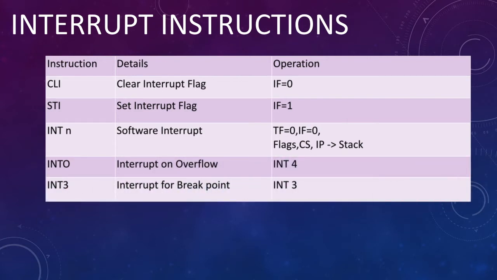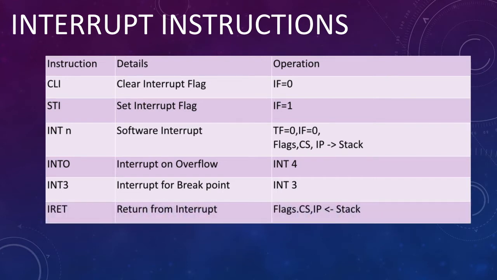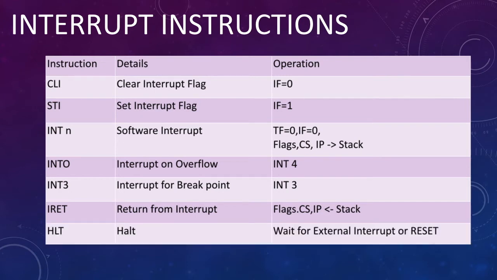INTO, interrupt on overflow. INT3, interrupt for breakpoint. It has already been discussed. IRET, it is the return from the interrupt, and when we return back from the interrupt, all the information which was put on the stack is given back. That is flags, CS, IP, the information comes back from the stack.